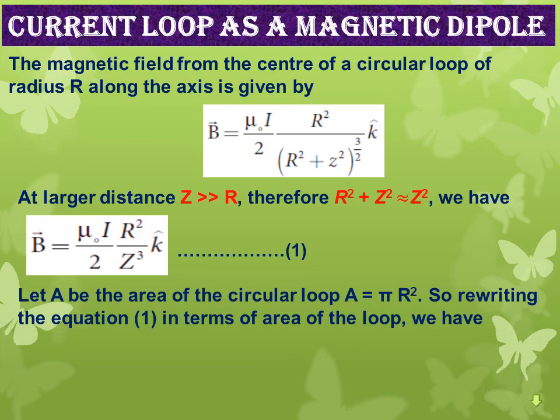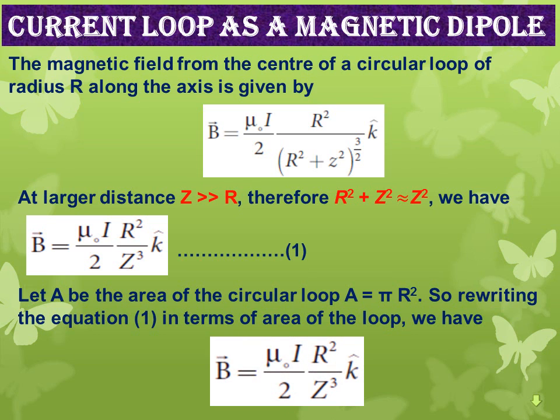Let A be the area of the circular loop. A is equal to pi r square. So rewriting equation 1 in terms of the area of the loop, we have B vector equal to mu naught i by 2 pi, multiplied and divided by pi, times pi r square divided by z cube, into k cap.